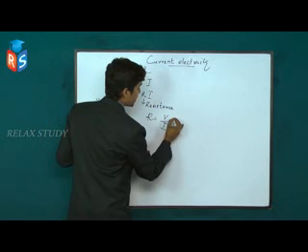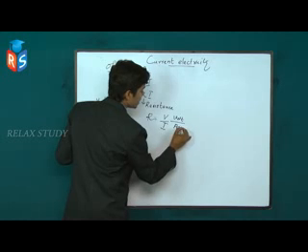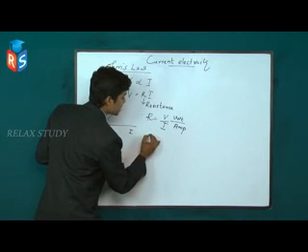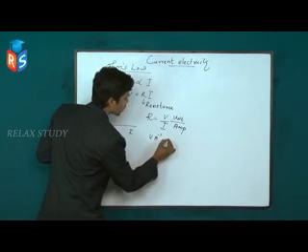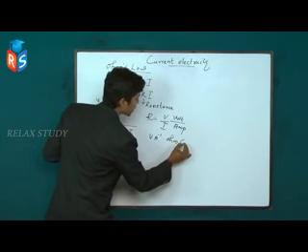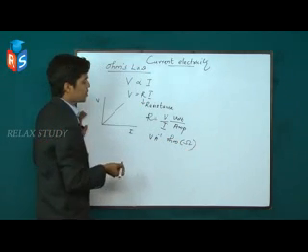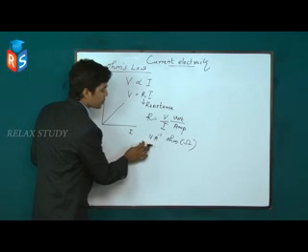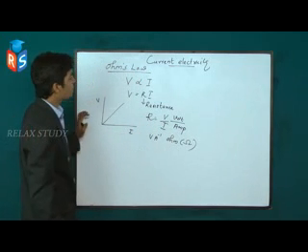The unit of voltage is volt and of current is ampere. So the unit of resistance is volt per ampere, or ohm, denoted by the Greek letter omega.